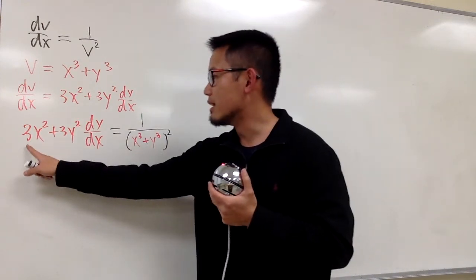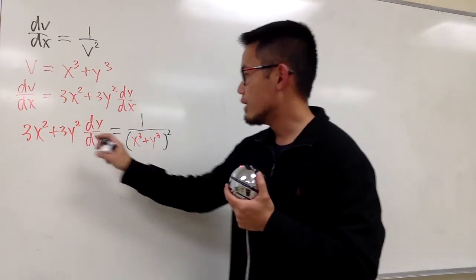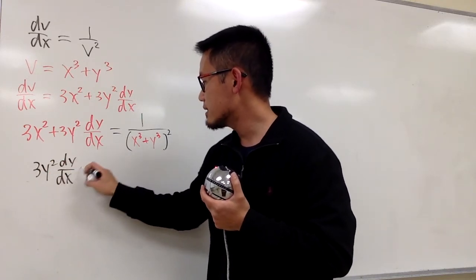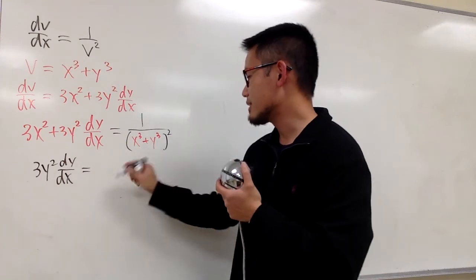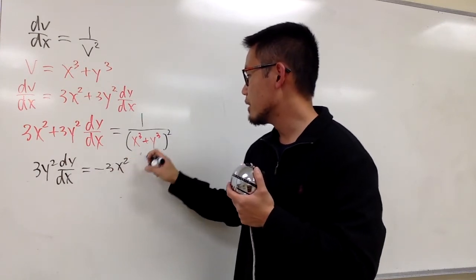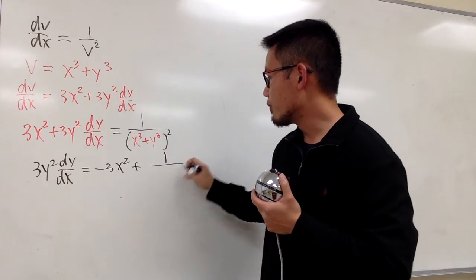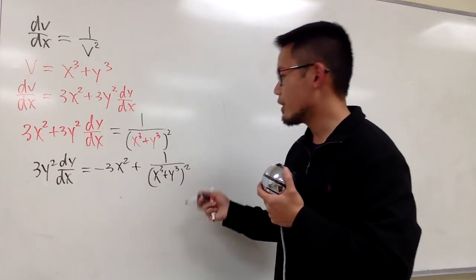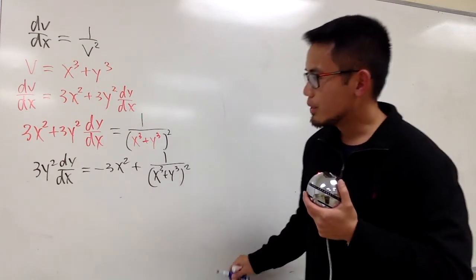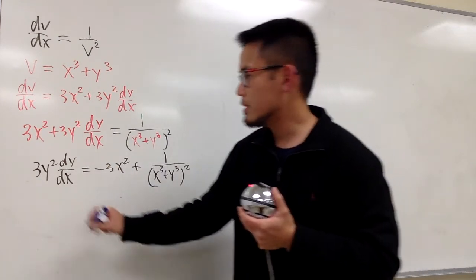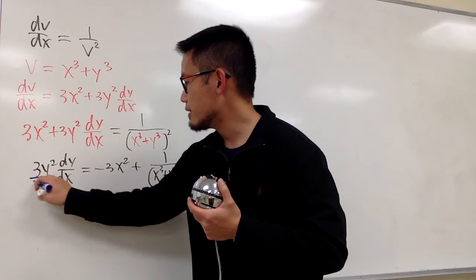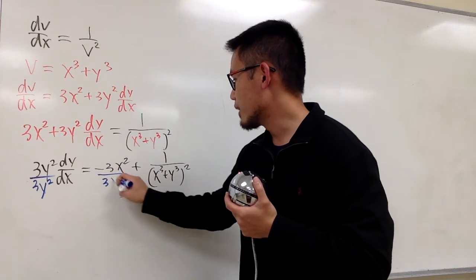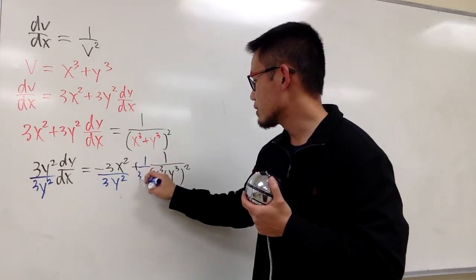So let me subtract the 3x squared on both sides, and you will have 3y squared dy/dx on the left-hand side. On the right-hand side, it will be negative 3x squared plus 1 over x to the third power plus y to the third power, and then square, right? Well, I want to keep my dy/dx clean, so let me just go ahead and divide everything by 3y squared.